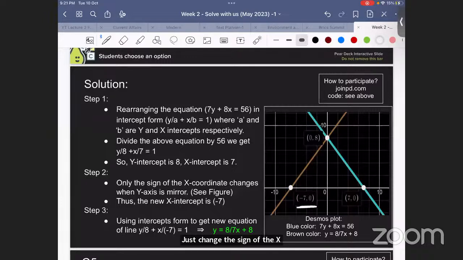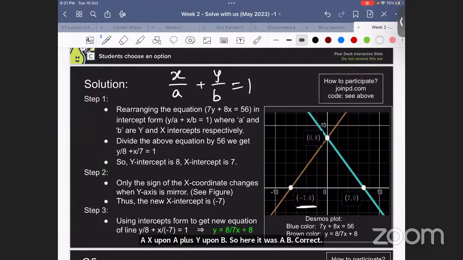So earlier you had the x-intercept as what? Minus 7, 0. In the intercept form, you can write x upon a plus y upon b equals 1. This is the equation if you have intercepts a and b. Now what is happening if you take the mirror image in the y-axis?